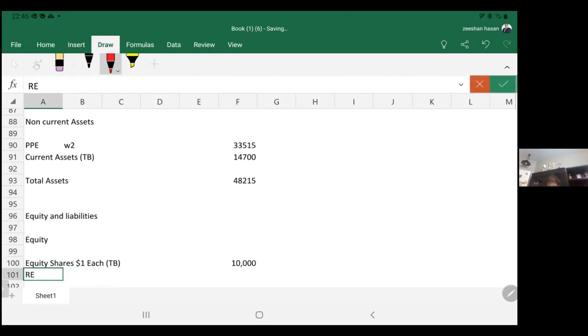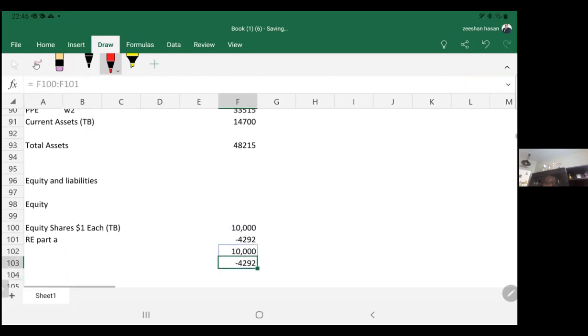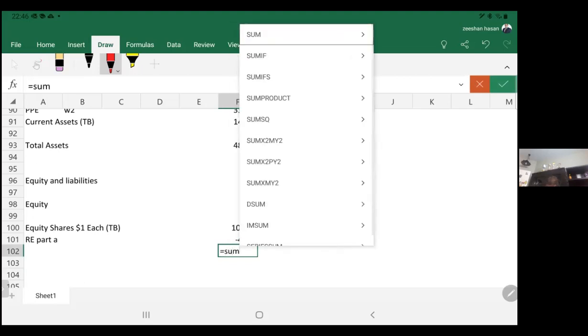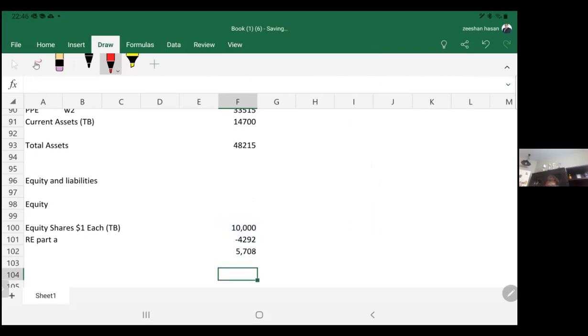Retained earning according to the part A, yeah, I will take it as 4292. Okay, and we will get is equal to sum. How much is that? We will get 5708.